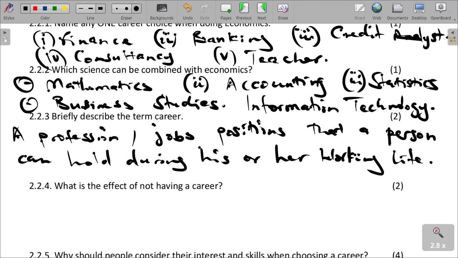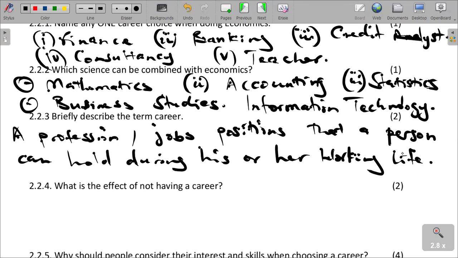The position, the profession, jobs that an individual can hold during his or her working life, we call that a career. What is it that the person is doing during that time, which is actually quite a lot of time. It is influenced and affected by experience, by educational achievements, and by the training that the person has gone through.